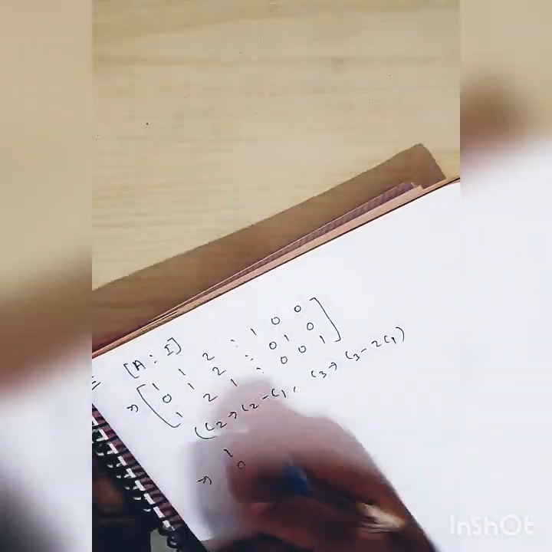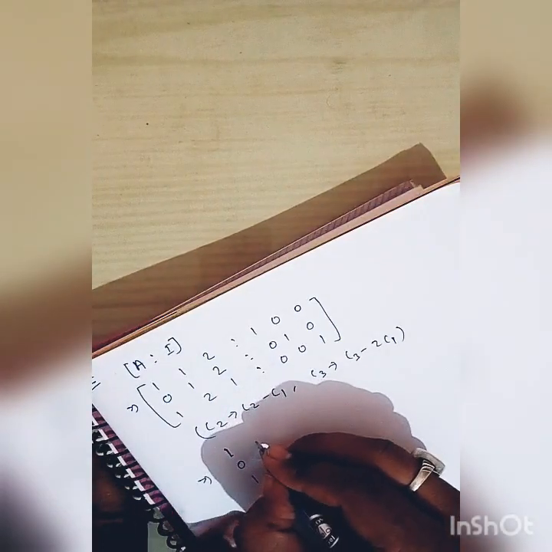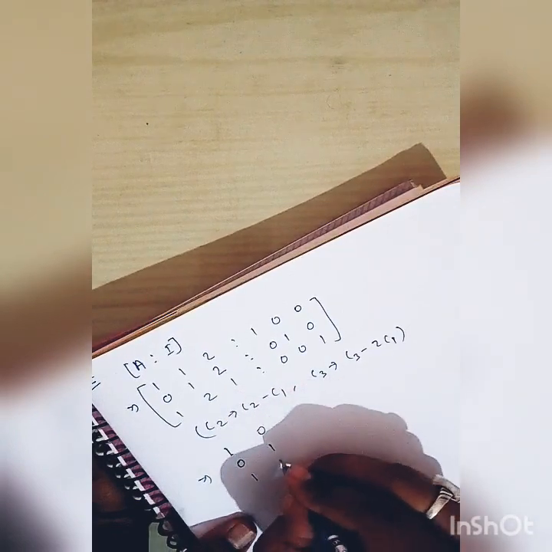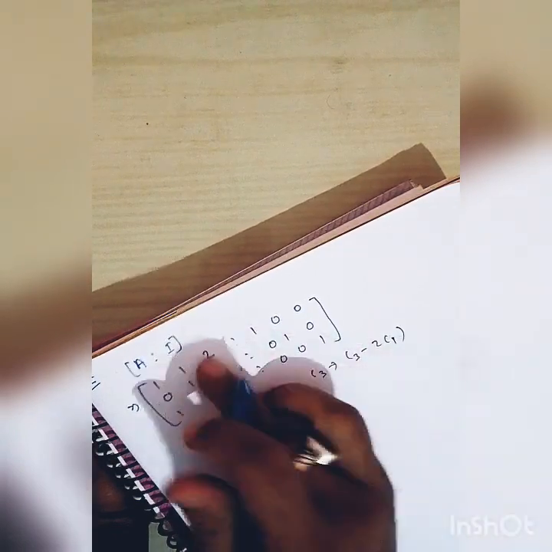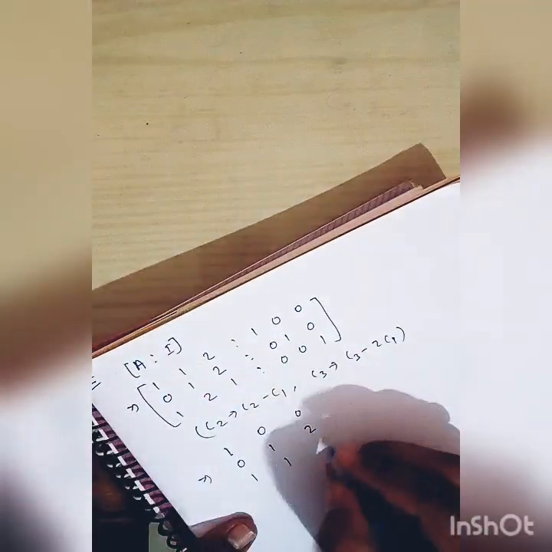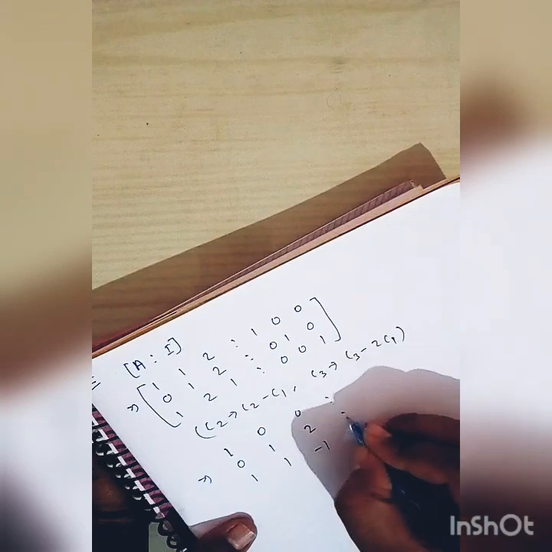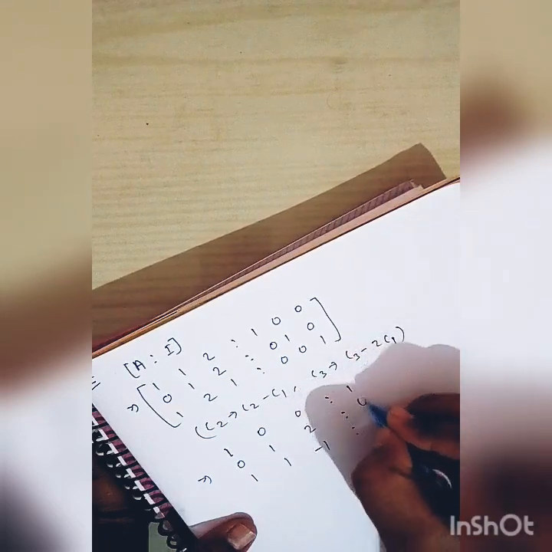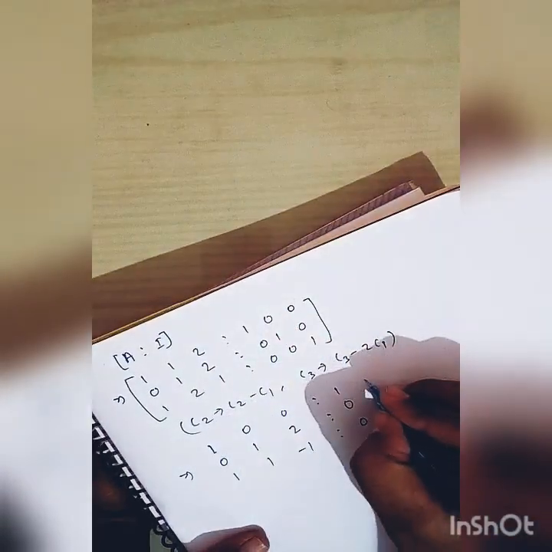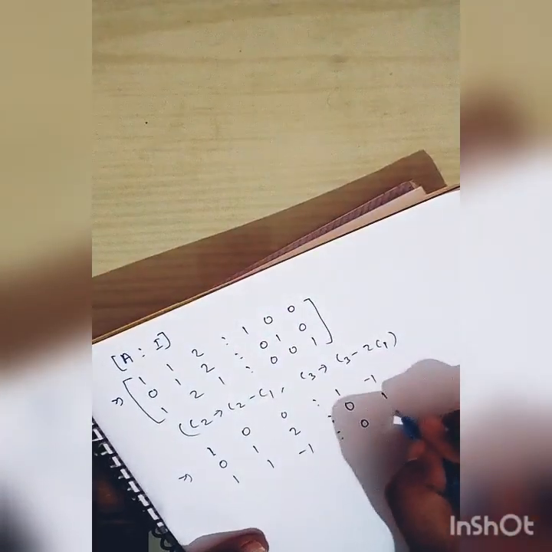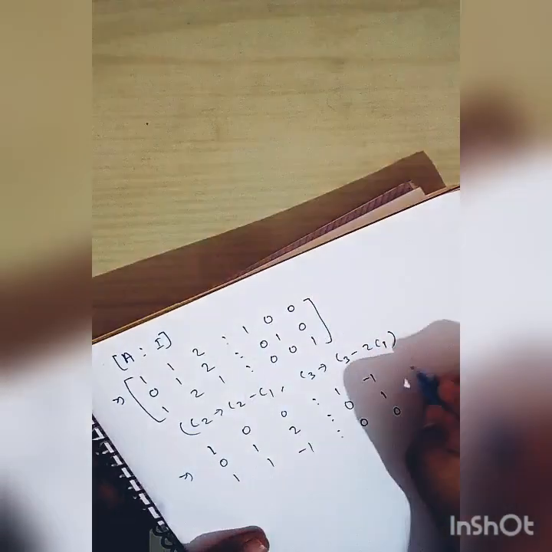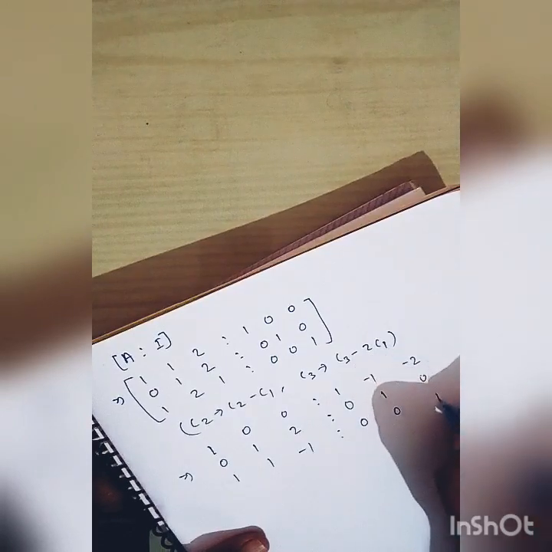Column 2 minus column 1: 1 minus 1 is 0, 1 minus 0 is 1, 2 minus 1 is 1. Column 3 minus 2 into column 1: 2 minus 2 is 0, 2 minus 0 is 2, 1 minus 2 is minus 1. Again it is 1 0 0. Column 2 minus column 1: 0 minus 1 is minus 1, 1 minus 0 is 1, 0 minus 0 is 0. Column 3 minus 2 into column 1: 0 minus 2 is minus 2, 0, and again 1.